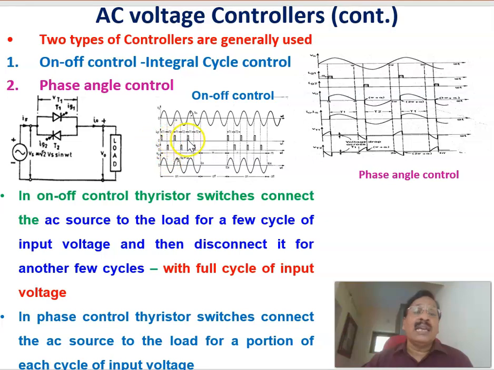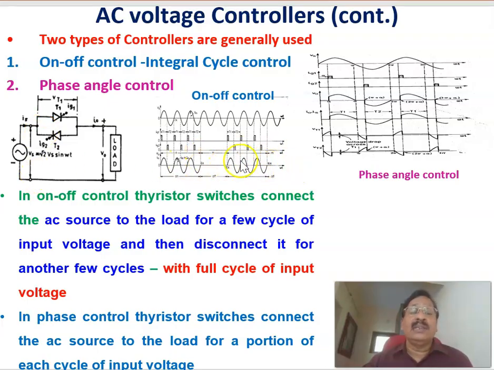When gating pulses are given, the corresponding SCR conducts so the output voltage is the same as the input voltage, and that is why for three cycles in this case the output voltage is the same as the input voltage. For the remaining two cycles, no gating pulse is given, so the load is disconnected from the source and the output voltage is equal to 0.